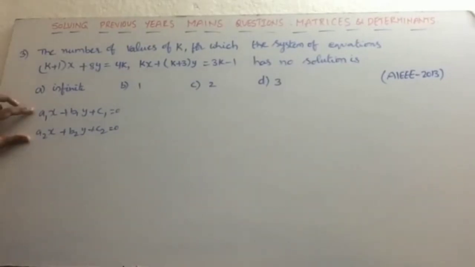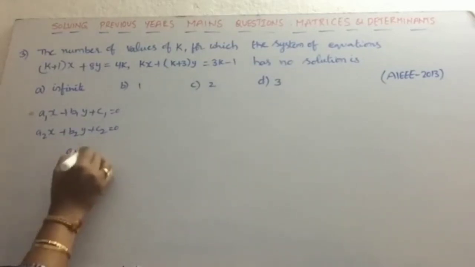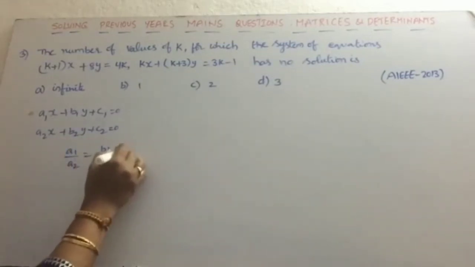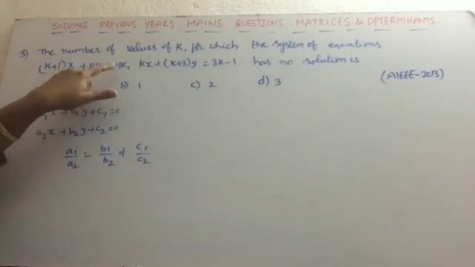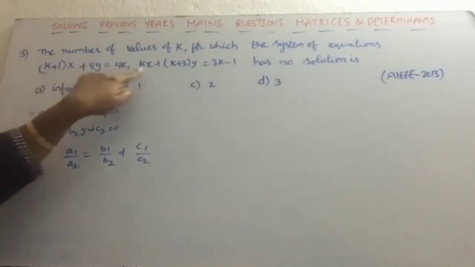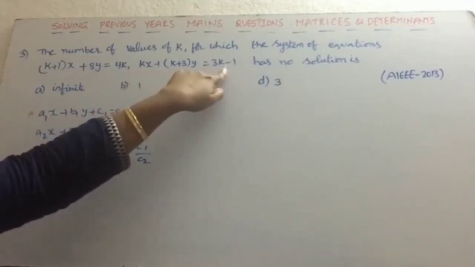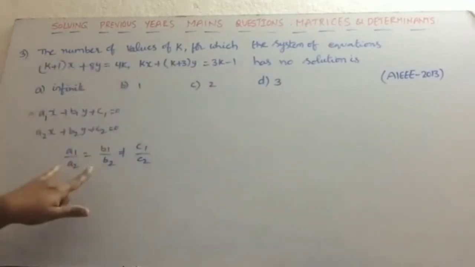If there is no solution, we get a1 by a2 equal to b1 by b2, which is not equal to c1 by c2.